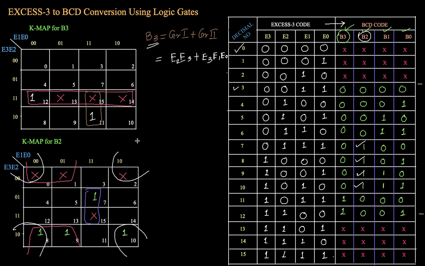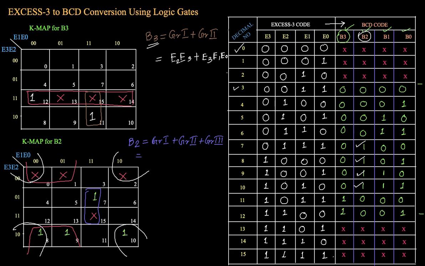So what is B2? B2 becomes group 1 plus group 2 plus group 3. What is the output of group 1?